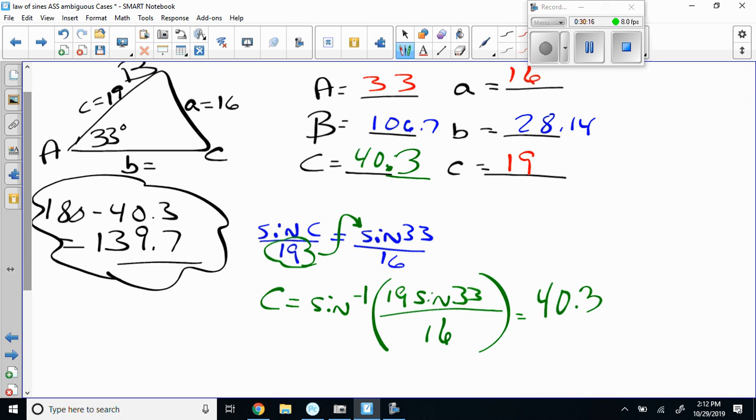It's two different things. Oh, just kidding. That's what we've been doing for law of sines, right? Without the ambiguous cases, finding sides, right?